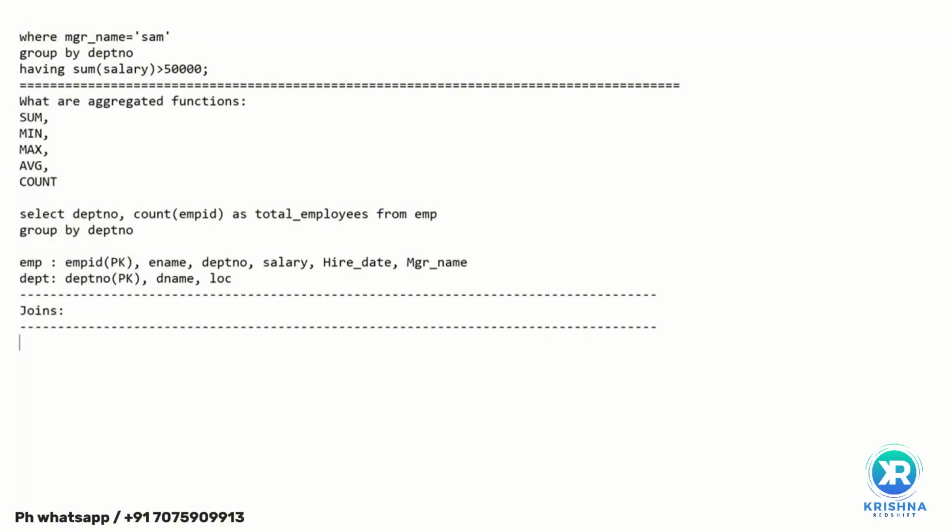If you are bookish, meaning you just studied some books, you will say inner join, product join, Cartesian join, this join, that join. Then you will tell all joins, but those are only for study purposes. That's why he clearly asked what are the different joins you have used most frequently.